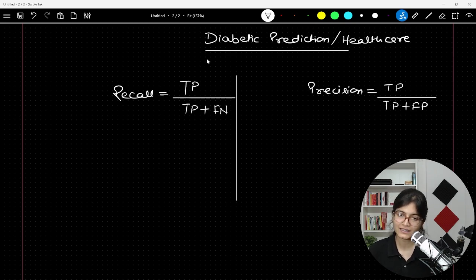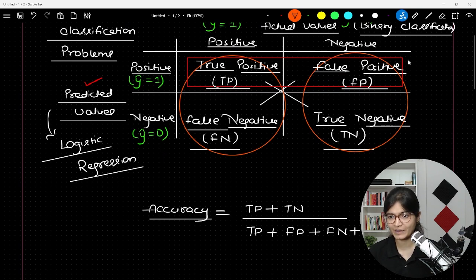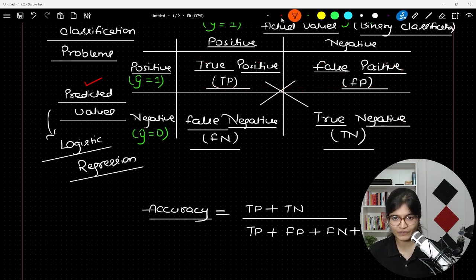Now, with respect to this healthcare analysis, this diabetic prediction, which one would I take care of in a better manner? If you can see, recall will be higher when the term below is lower. It means somehow I need to reduce this value of FN. What is the meaning of false negative? Let me remove all these things so that the confusion will be less. False negative is where the patient is actually diabetic, but my model is saying that he or she is not diabetic.